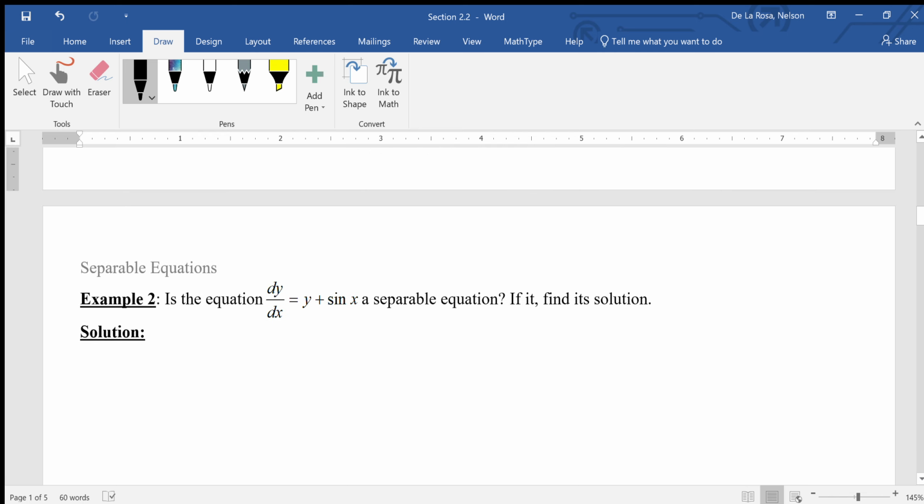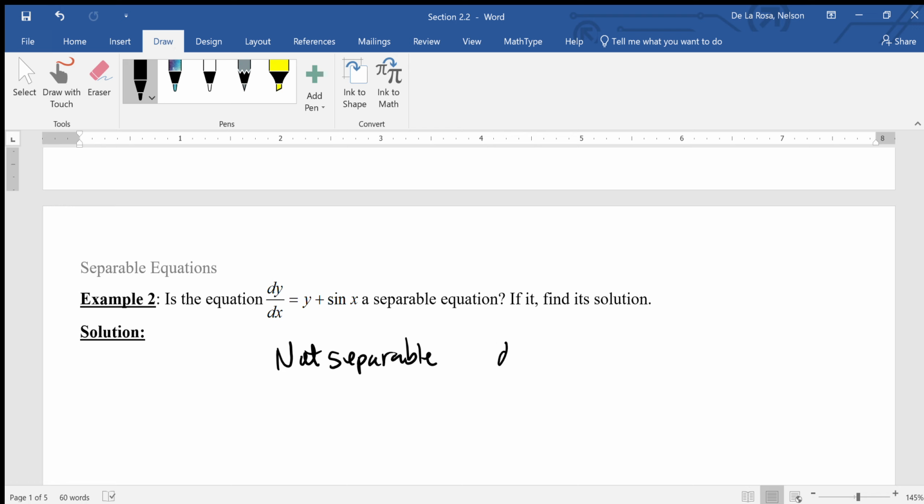The second example is: is the given equation a separable equation? If it is, can we solve it? Well, this equation is not separable, as we cannot separate the variables.